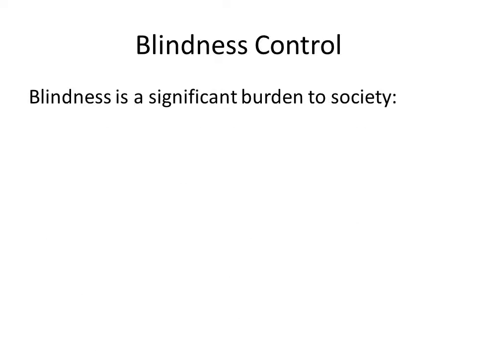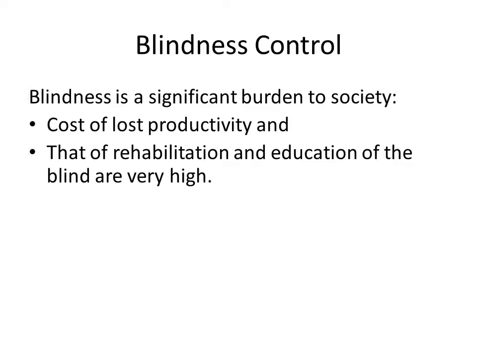Blindness control. With so many diseases to control, why should we prioritize control of blindness? Because blindness is a significant burden to the society. Why? Because it leads to significant loss of productivity and hence the cost of lost productivity. And the cost of rehabilitating the blind is very high, and that of education of the blind are very high.